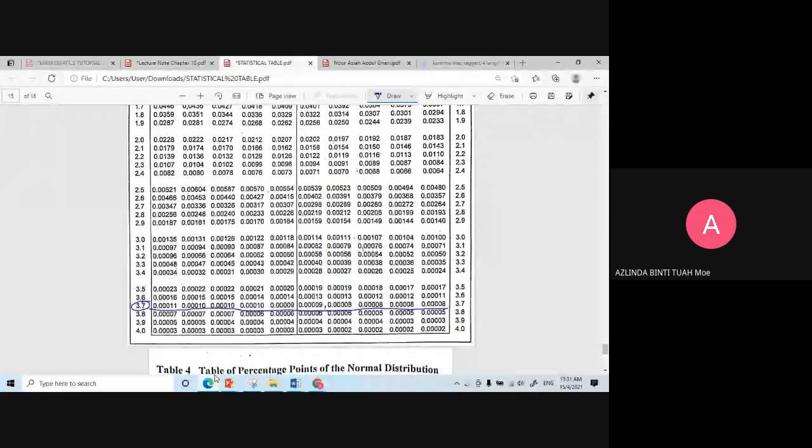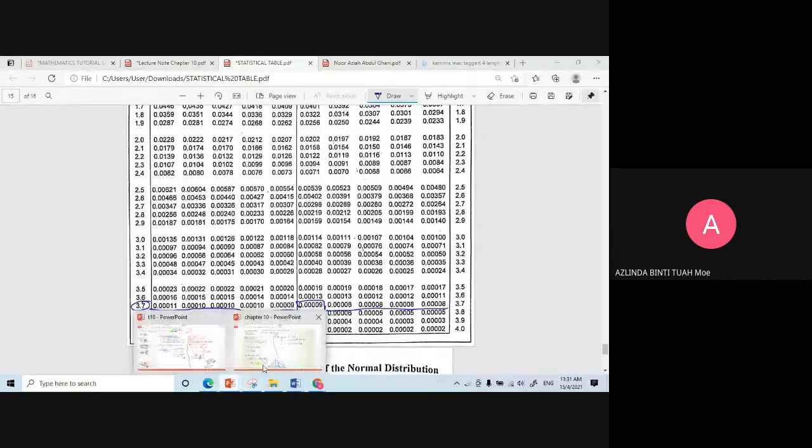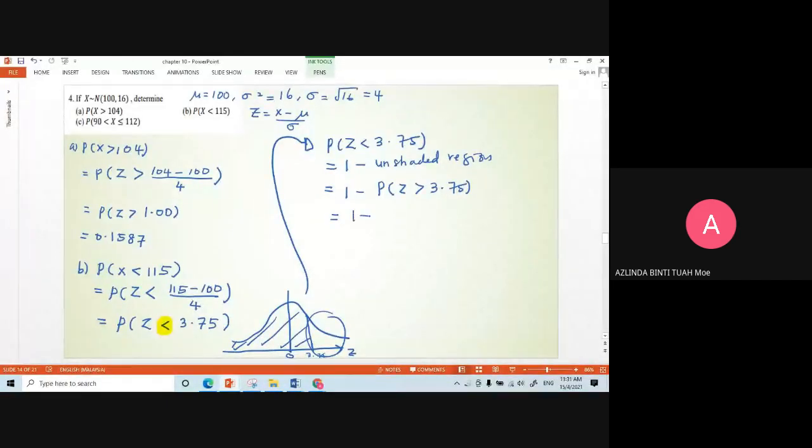So ini kita punya jawapan. 0.00009. 1 minus 0.00009. So jawapannya 0.99991. Betul ke? Betul, madam.